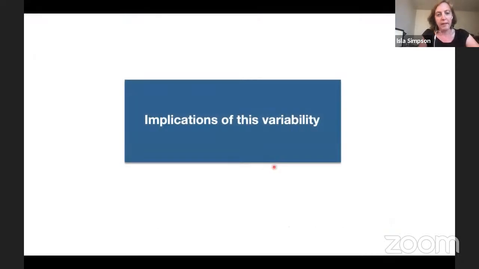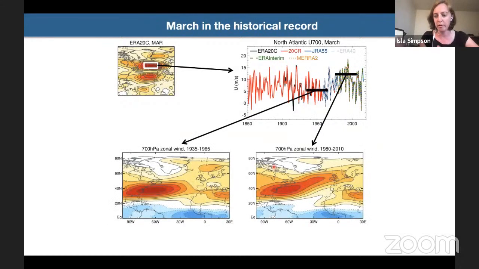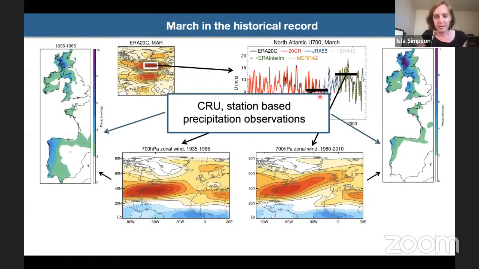So I just want to show what the implications of this variability are and why we should care about it. If we just take two 31-year periods here, the 31-year period centered on 1995, and then the period centered on 1950, you see that in March there's really a drastic difference in the structure of the jet stream between these two 31-year periods. And that has implications for precipitation.